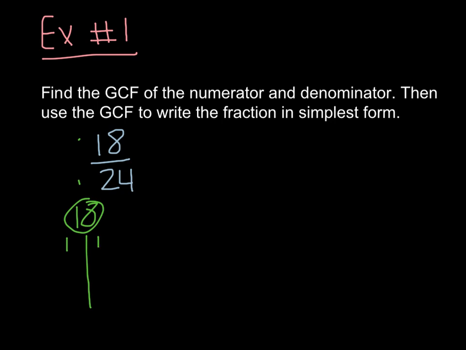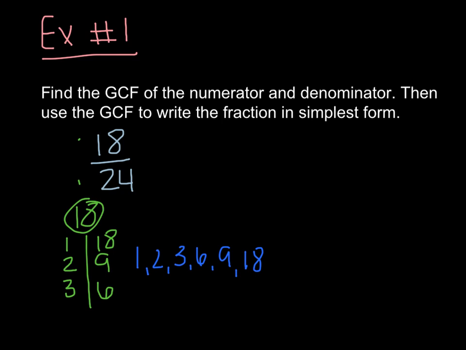We have 1 and 18, 2 and 9, and 3 and 6. And I'm going to go ahead and write all those out in our line. 1, 2, 3, 6, 9, and 18.